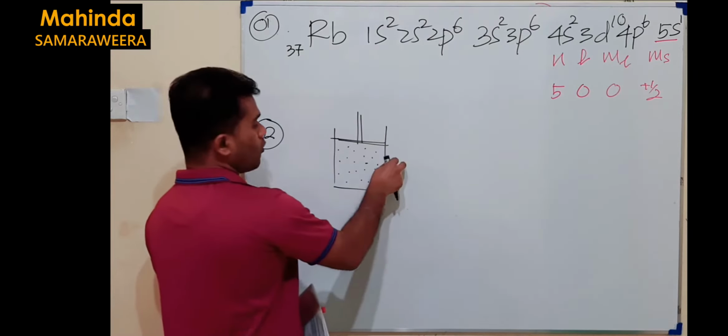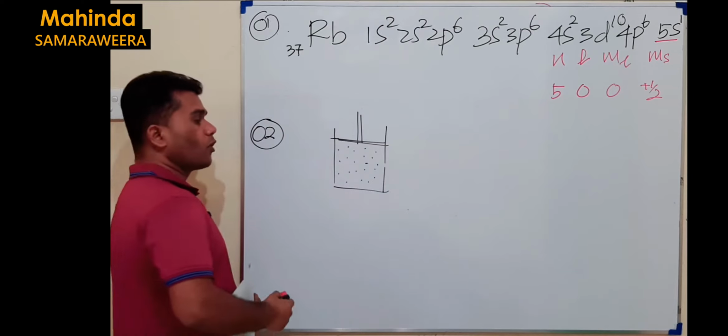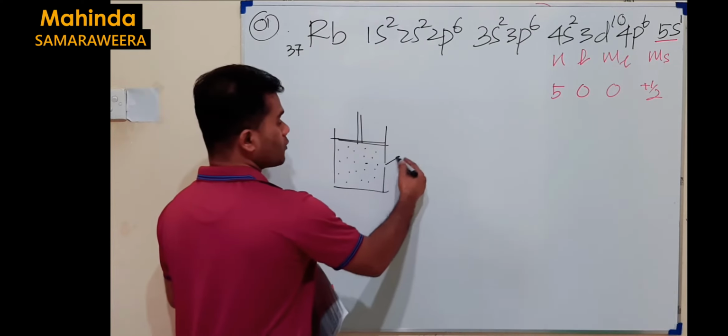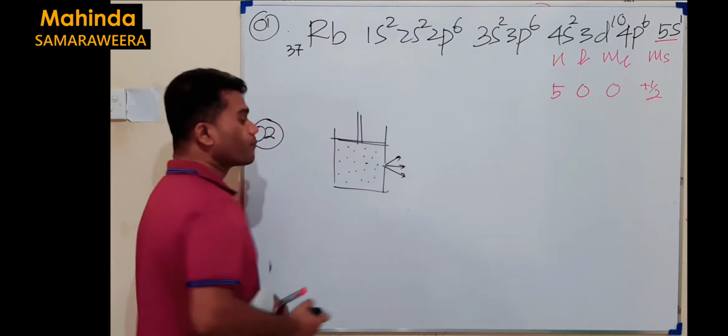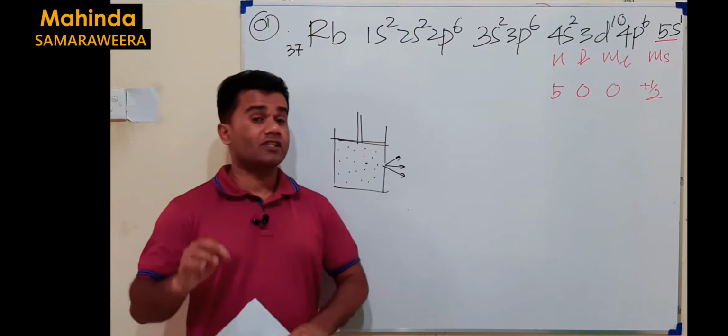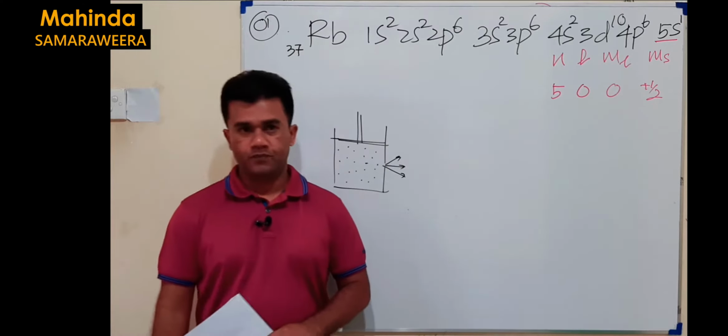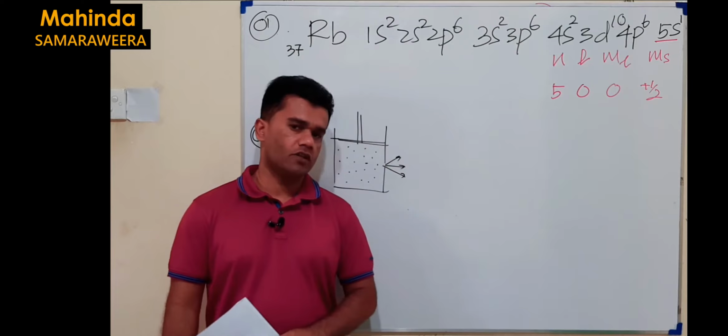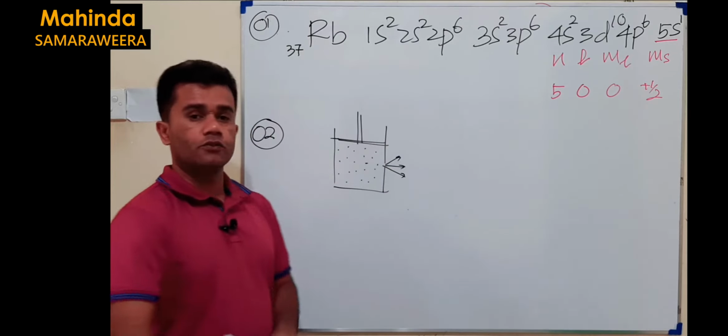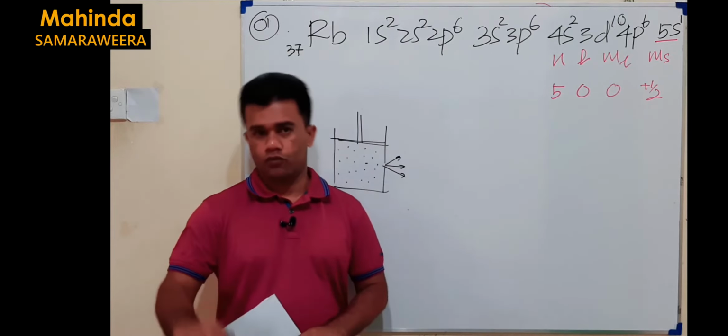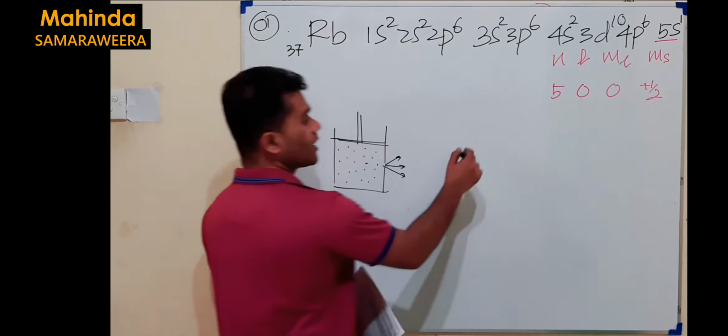If you make a small hole here, these gas molecules now escape through this hole. That process is called effusion. The factors affecting effusion are also quite similar to the factors affecting diffusion. I told you diffusion is something else.